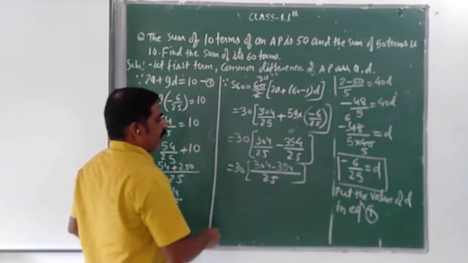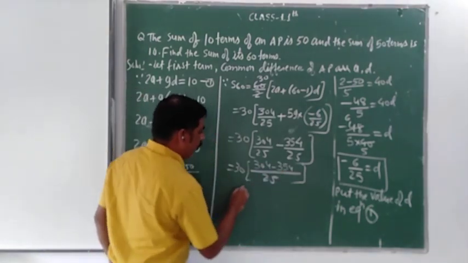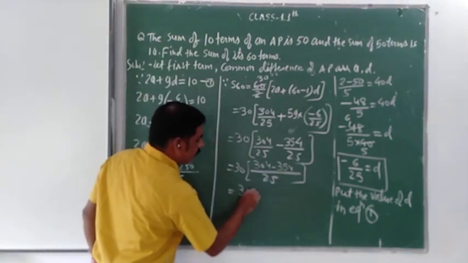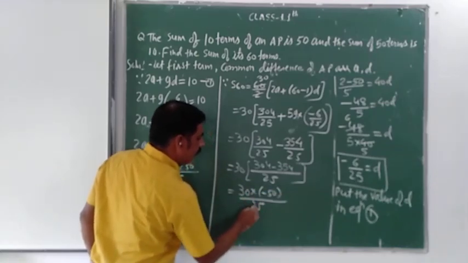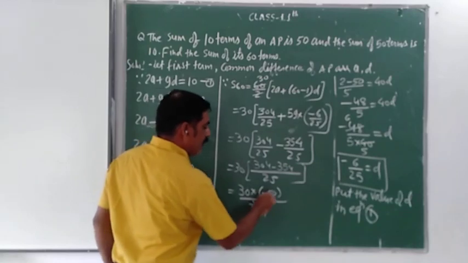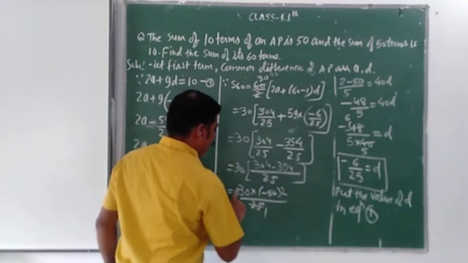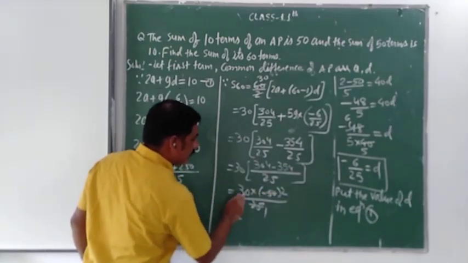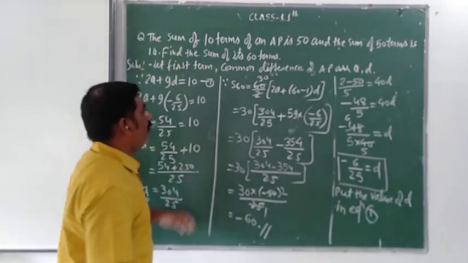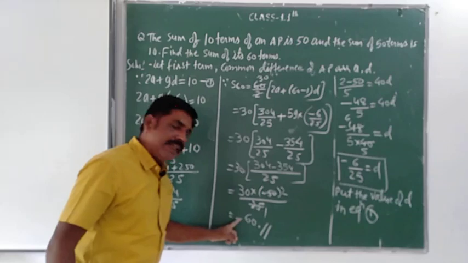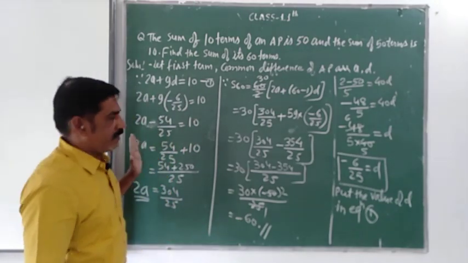Now 304 minus 354 is minus 50. So 30 into minus 50 upon 25. 25 twos are 50, and 30 into 2 is 60. So the sum of 60 terms is minus 60.